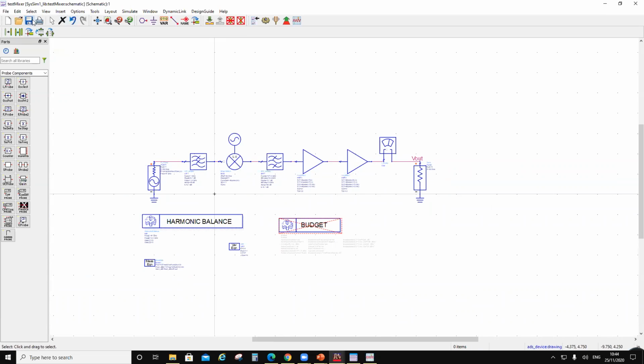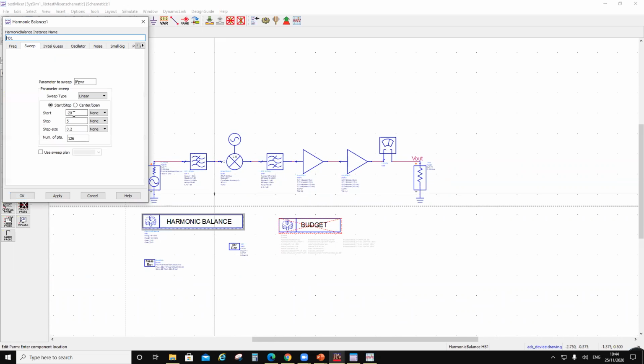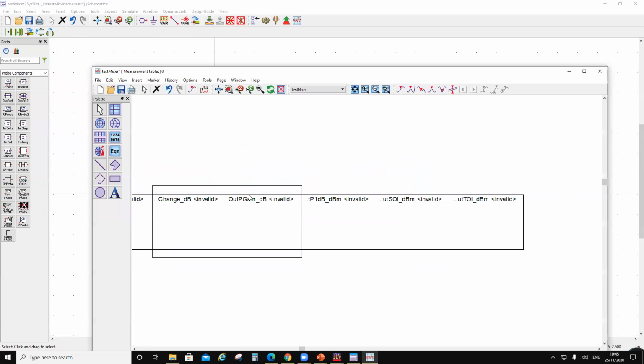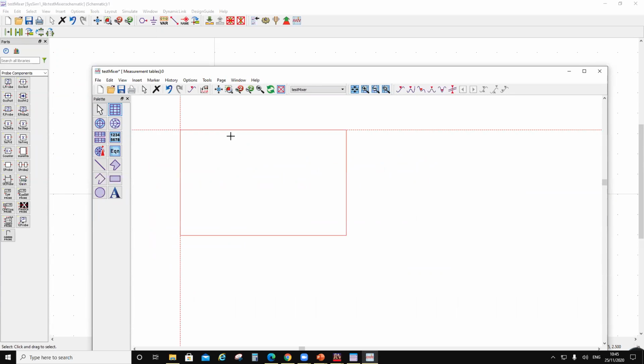And where would it happen? You have to first do a power sweep, which I'm doing over here. And I will go from minus 40 to minus 5, because I have gone down by 10 dB, right? Okay. And I'm going to run this simulation again. That's fine. This would go off because I'm not doing budget analysis.